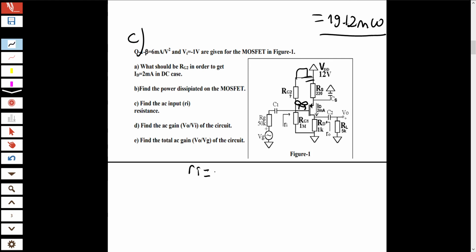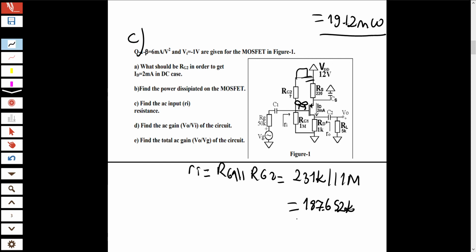Input resistance simply becomes R gate 1 parallel R gate 2. So what is R gate 1 parallel R gate 2? 221K parallel 1 mega. Let's calculate this. It is 187.652K. That's it guys.